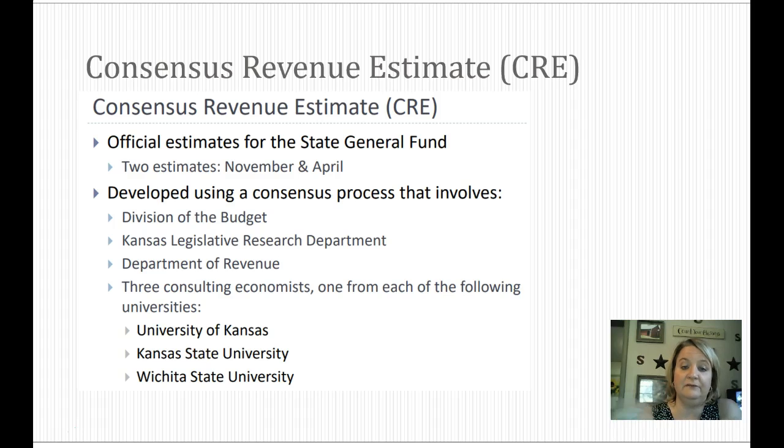These are given in November and April, and they are developed by using a consensus process that involves the Division of Budget, the Kansas Legislative Research Department, the Department of Revenue, and 3 consulting economists, 1 from each of the following universities: University of Kansas, Kansas State University, and Wichita State University.